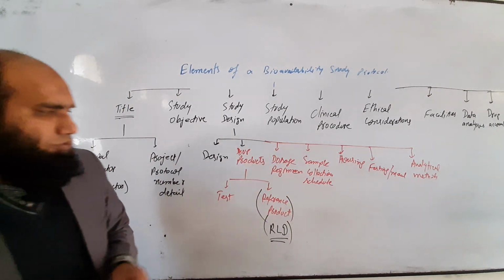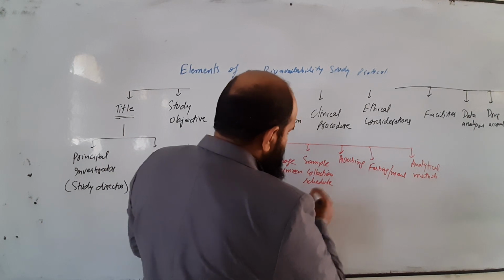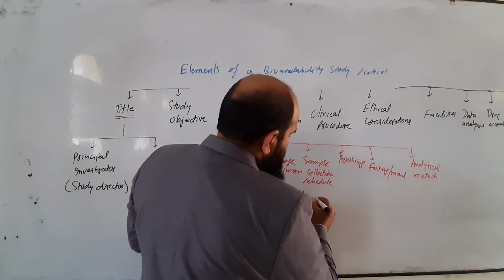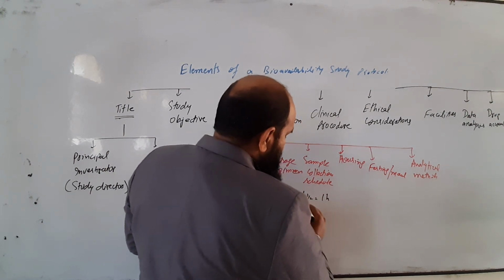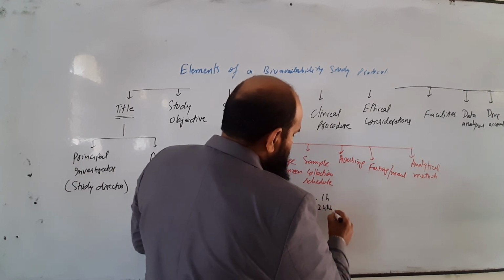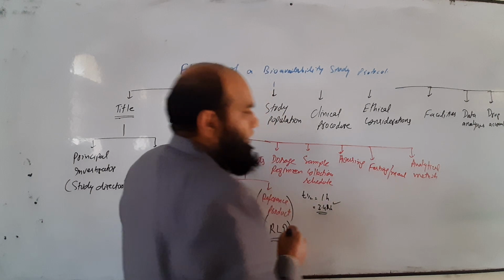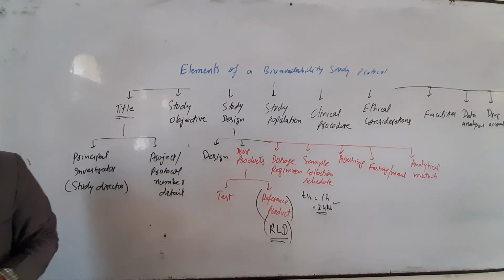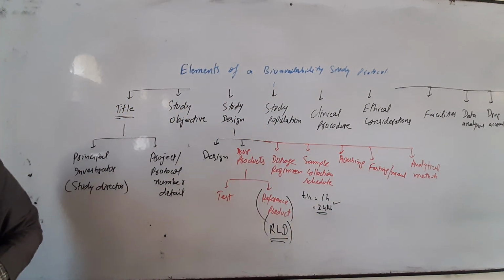For example, if the drug has a half-life of 1 hour, then our total time should be 3.42 hours, our time frame to collect the blood. And same if we have a half-life of 2 hours, then 6.82, and if we have 3 hours, then 9.42.